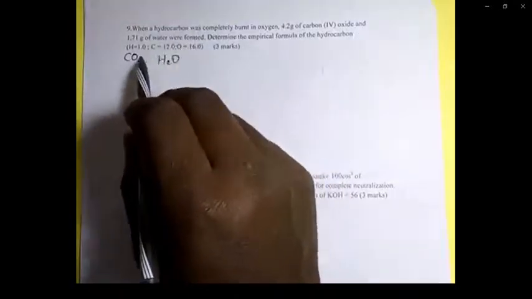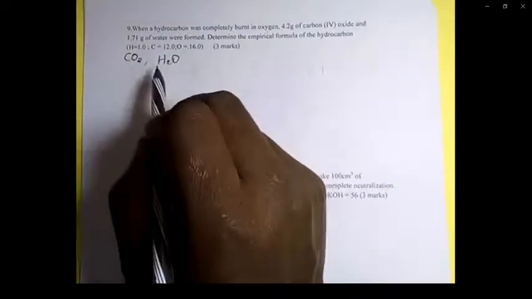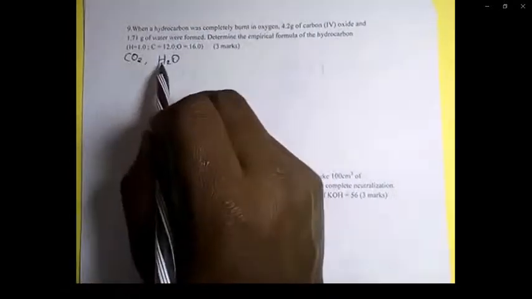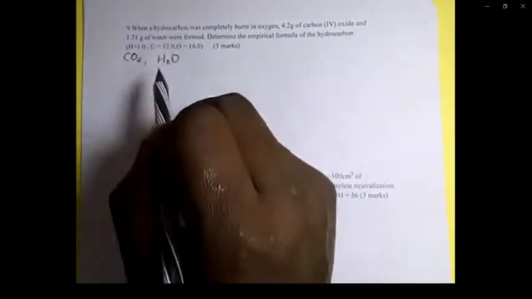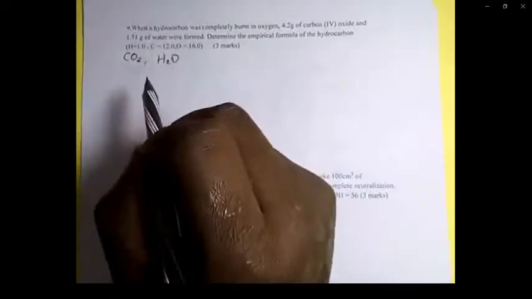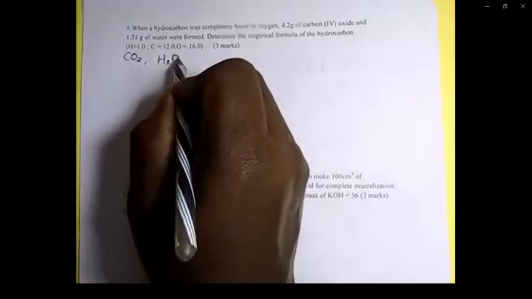But we are not interested in carbon dioxide. What we are interested in is carbon and hydrogen, because a hydrocarbon is an organic compound which contains carbon and hydrogen only. Therefore, let us get the mass of carbon from carbon dioxide, and the mass of hydrogen from the water.